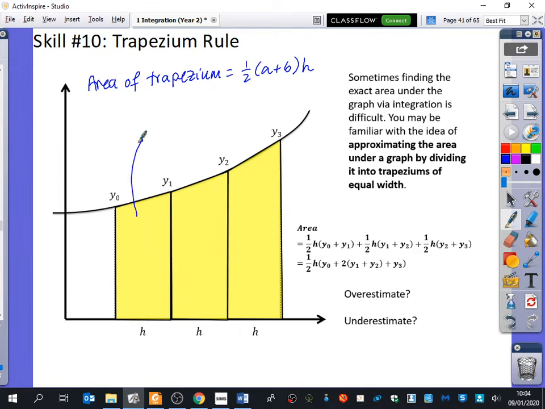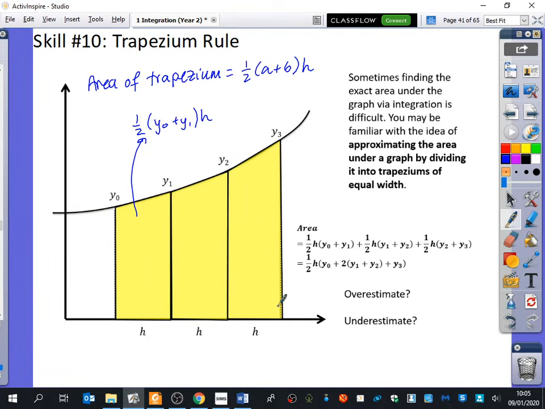So for example, this first trapezium that we've got here is a half multiplied by y0 plus y1, which is obviously this length and this length here, multiplied by h. So you can see we've got that one here. The next one would be the same, but with y1 and y2, which you can see here and here. And the next one would be with y2 and y3.